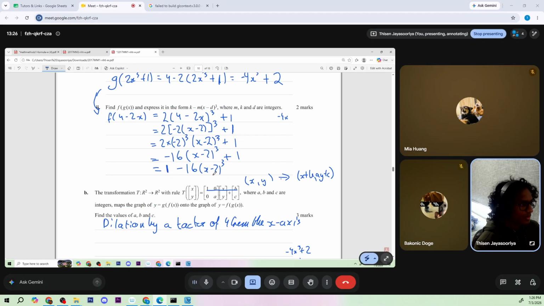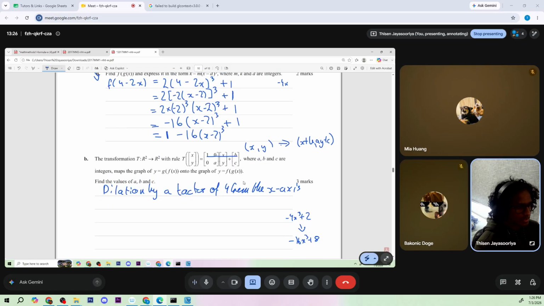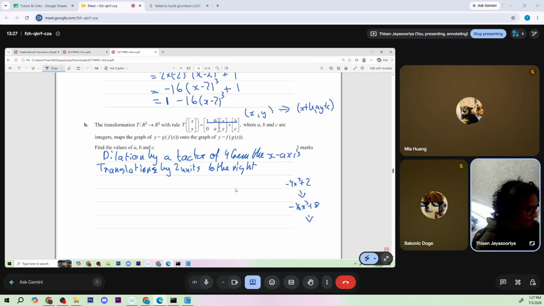So now I need to work on the translations, yeah? I have to translate this one, translation by 2 units to the right, which turns this function into minus 16(x take away 2) cubed plus 8.